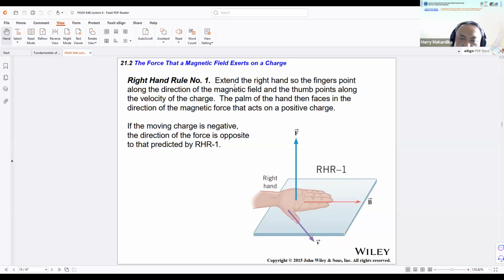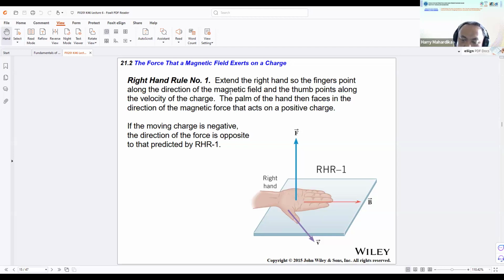So if we extend the right hand, the fingers point along the direction of the magnetic field, and the thumb faces in the direction of the magnetic force that acts on the positive charge. If the moving charge is negative, the direction of the force is opposite to that predicted by right-hand rule number 1.